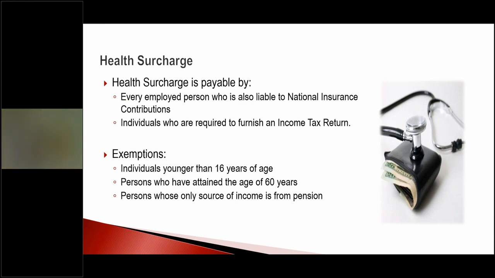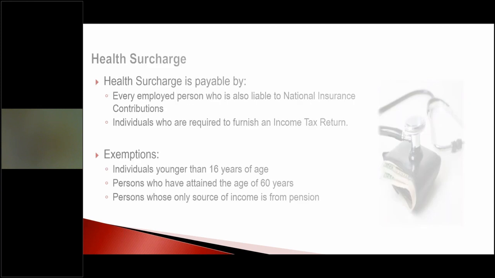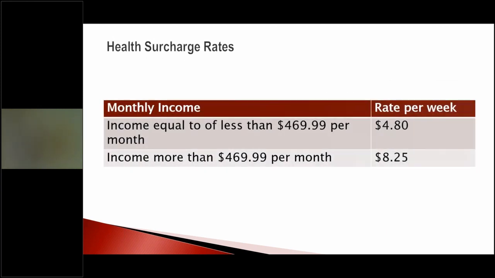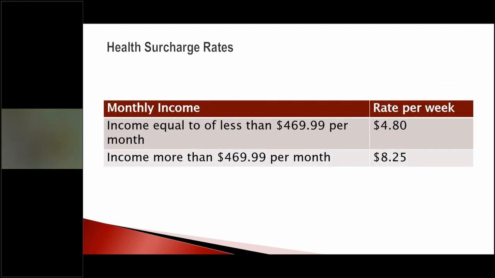Health surcharge is a very simple quantum of money, so I don't want you to be caught out for not paying it. The weekly payment is $480 at a certain level of income, $469 per month. Income in excess of $469.99 per month, you're paying $825. The majority of people pay under the $825 category.